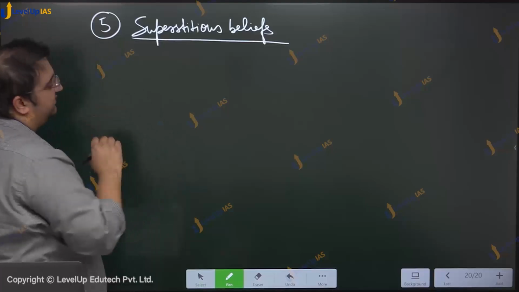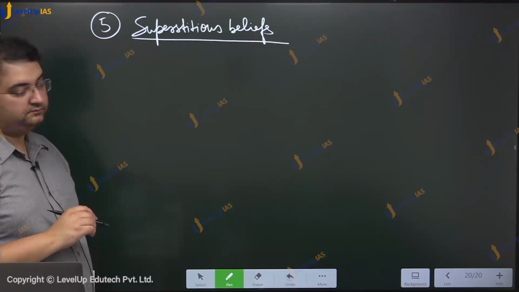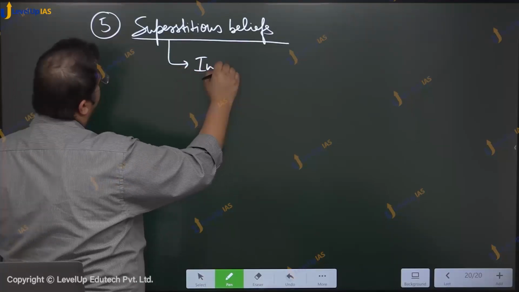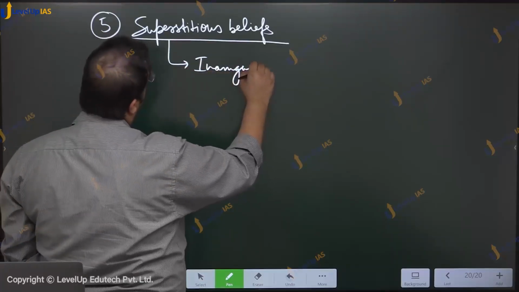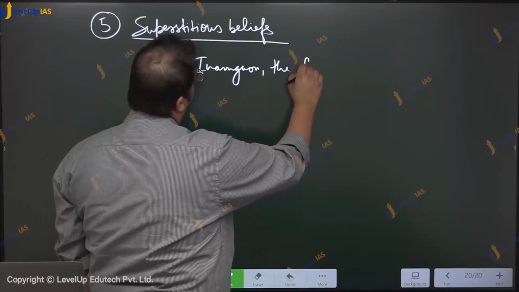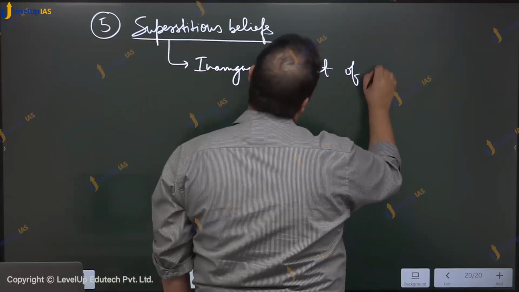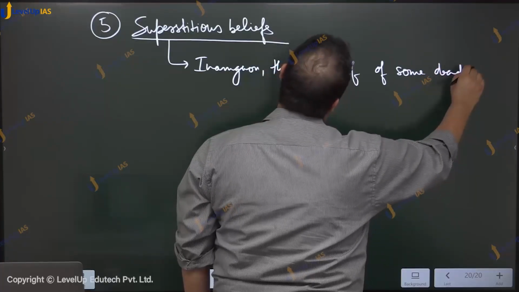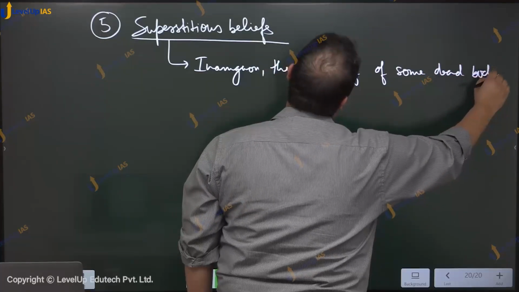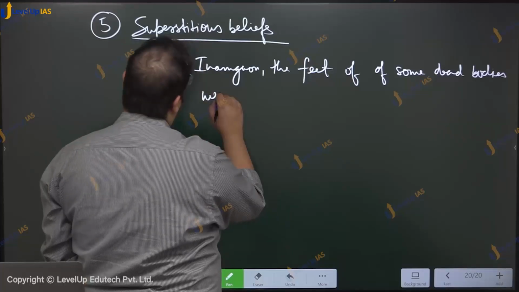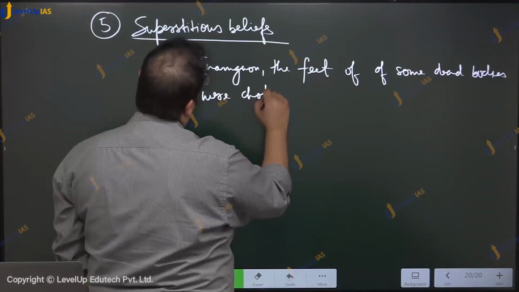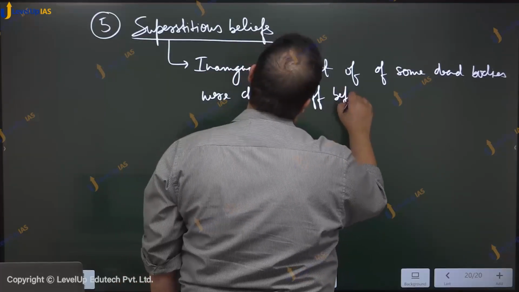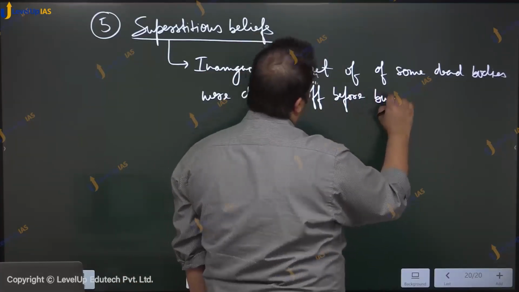Superstitious beliefs and practices. For example, at Inamgaon, the feet of some dead bodies were chopped off before burial.